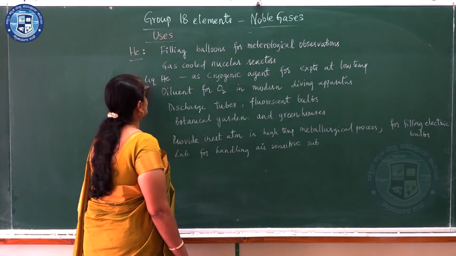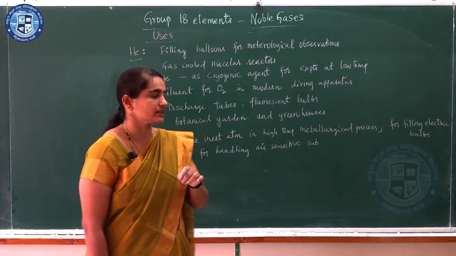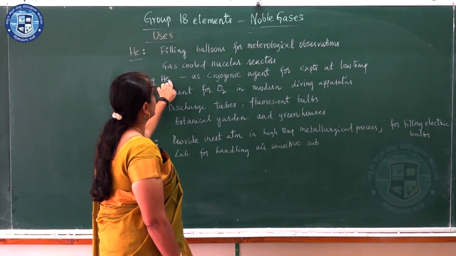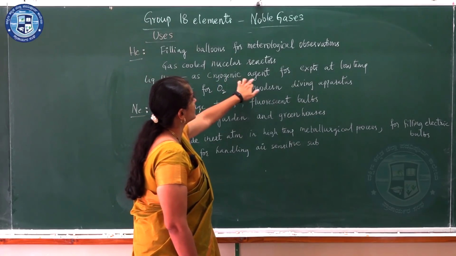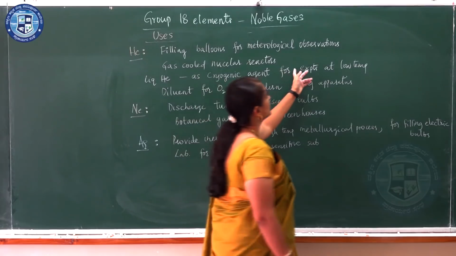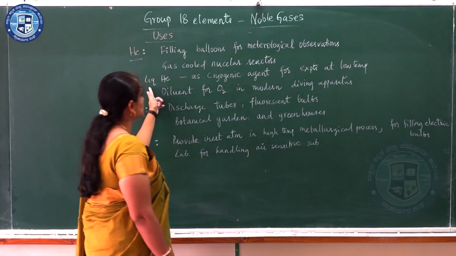And liquid helium, I have already said that the boiling point of helium is very low, that is 4.2 Kelvin. Because of its low boiling point, it is used as a cryogenic agent for various experiments which require to be done at low temperature. In that case, liquid helium is made use of.